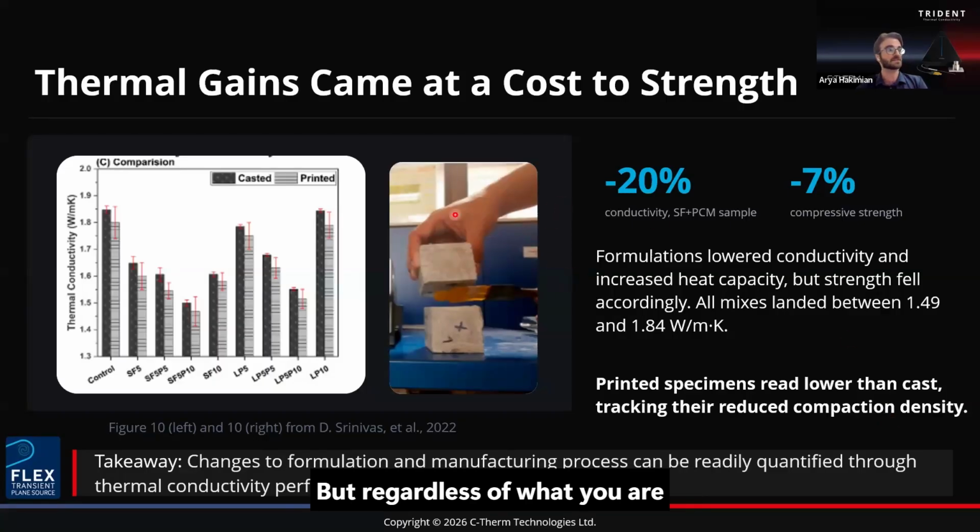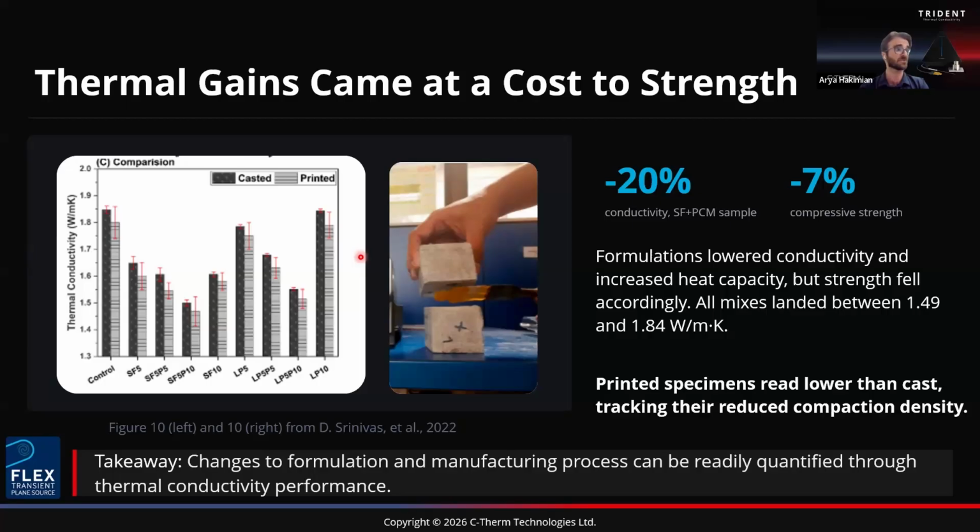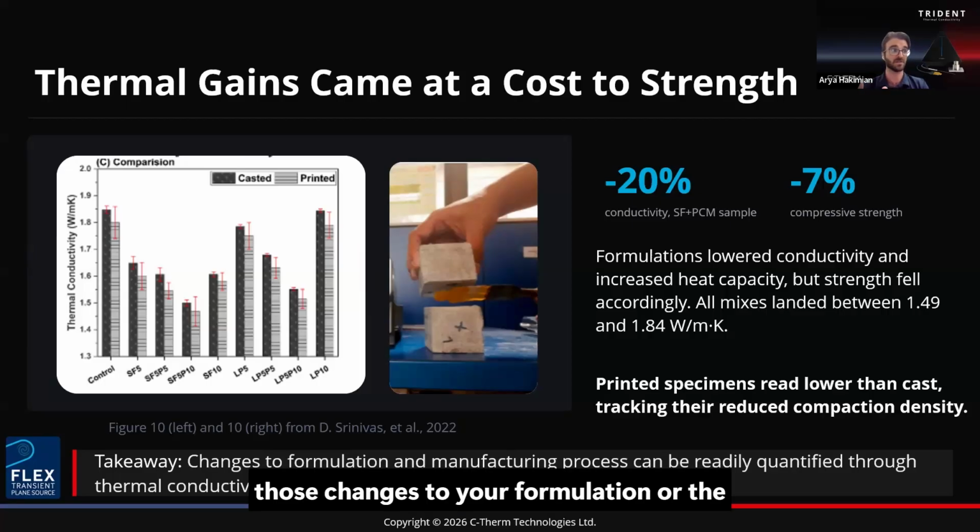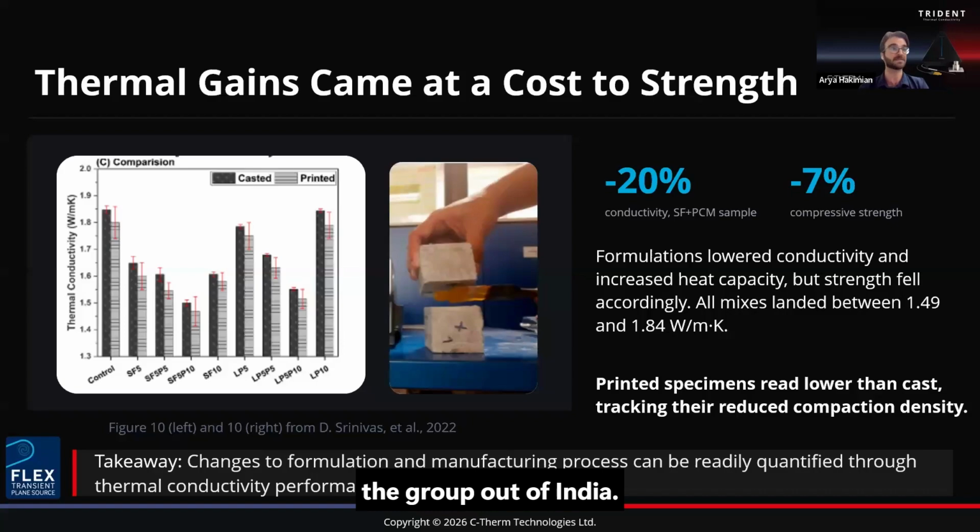But regardless of what you are currently investigating, if you are playing around with those binders, the different fillers and additives, those changes to your formulation or to the manufacturing process can very easily be quantified through the thermal conductivity performance, as shown here with some of the data from the group out of India.